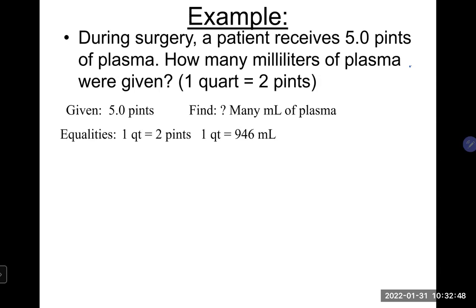We also want to think about the sig figs like we talked about last time. For the most part, if it's a conversion factor that comes from an equality, especially a metric to metric equality or English to English equality, or some type of exact crossover equality like 1 inch is 2.54 centimeters, we don't need to be concerned about the significant figures of those conversion factors.